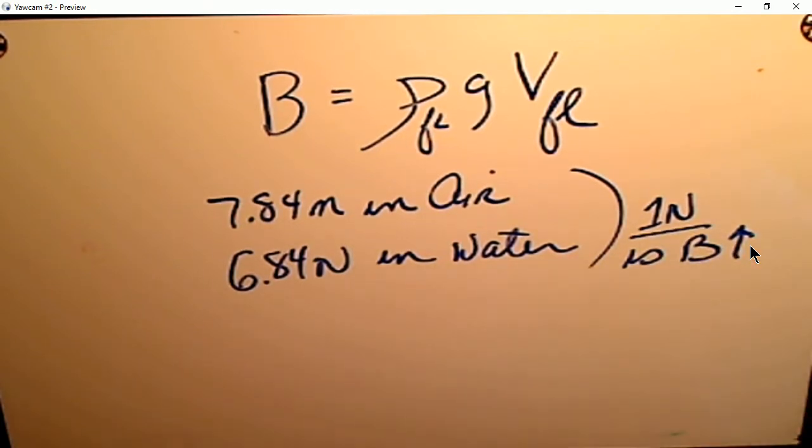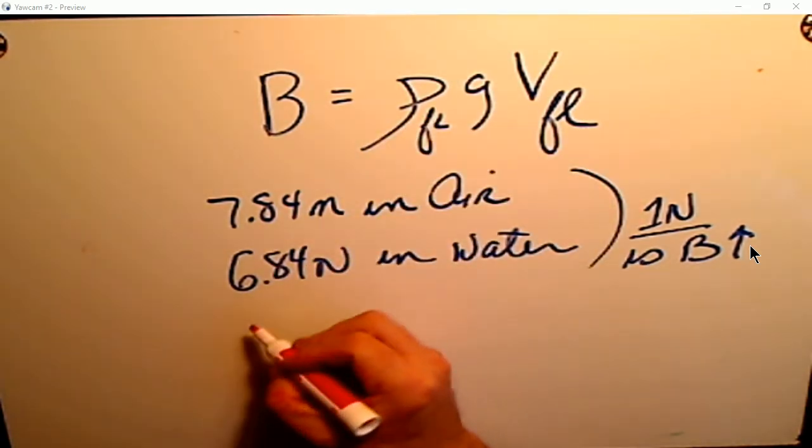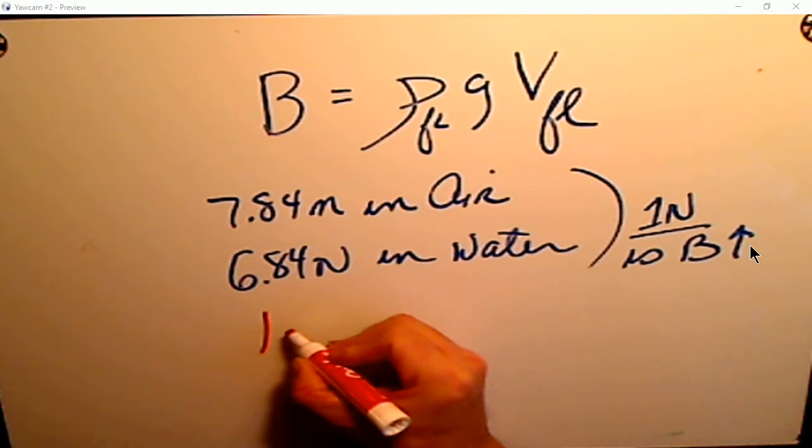So how can we use this to calculate whether it is indeed gold or not, the crown? Well, if we look at the density of the fluid displaced, we already know that the buoyant force is 1.